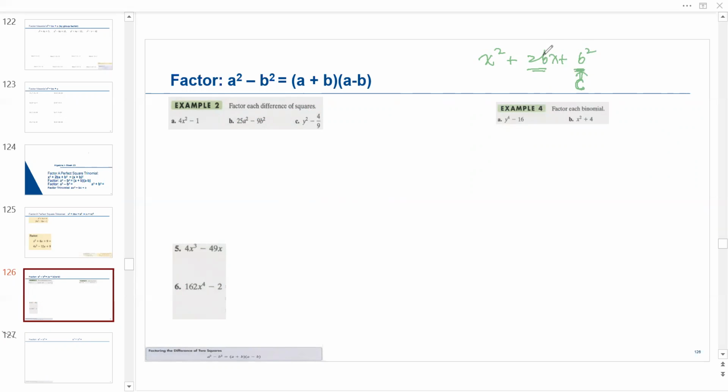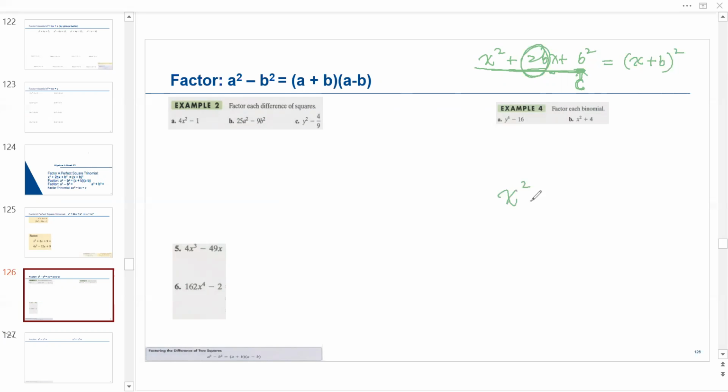Double check that the coefficient in front of the x is exactly 2 times that number. If yes, it can be made a perfect square, and it can be factored quickly, just like what we learned earlier. If the 16 is 4 squared, right? So double check whether the b is 8 or negative 8.